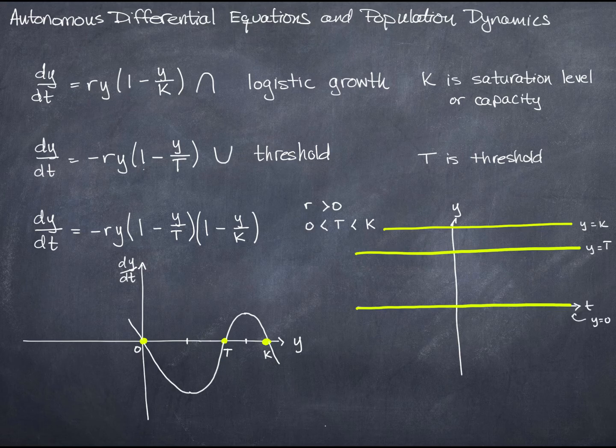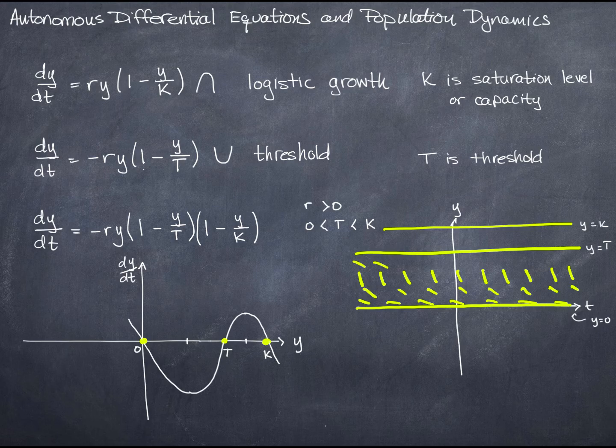In between 0 and t, my slopes are negative, small, negative, large, and then negative, small again. Between 0 and t, I have my largest slopes halfway between 0 and t. Then they're smaller and smaller still.